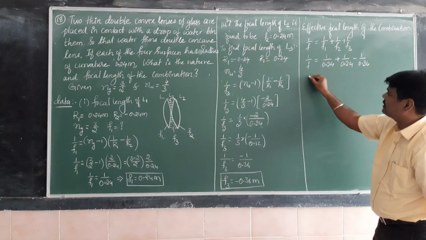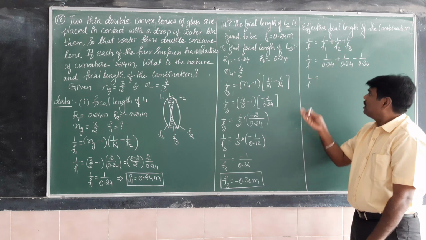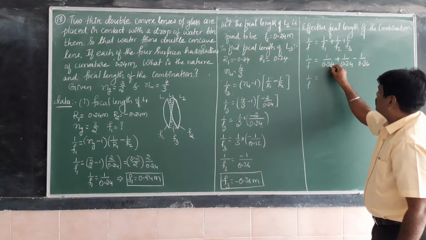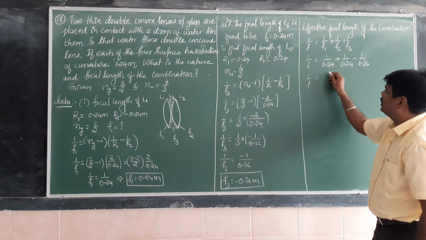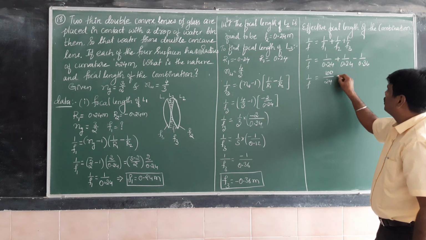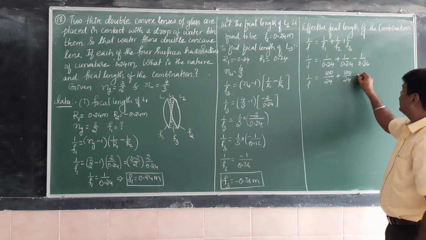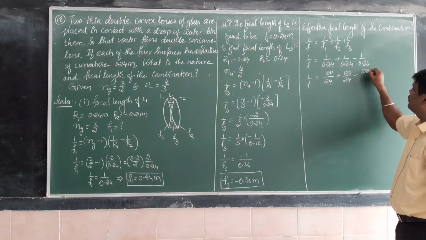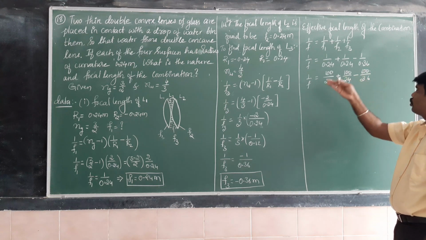Now you simplify this one. 1 by f is equal to, you can use the calculator or you can use your common sense to simplify this. If I multiply and divide by 100, it will become 100 divided by 24, plus here also 100 divided by 24, minus here 100 divided by 36 we are getting. 100 is common.